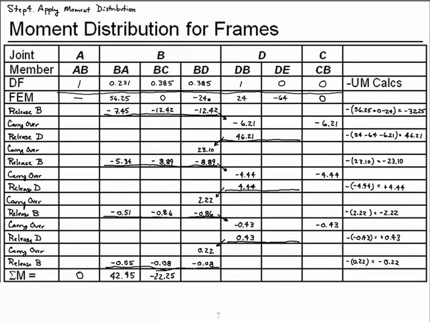And come to member BD, add each of these together, and I get a negative 20.71 foot kips. Now I want to point out, at node B, it should be in equilibrium, which means the sum of all of these three should equal 0.